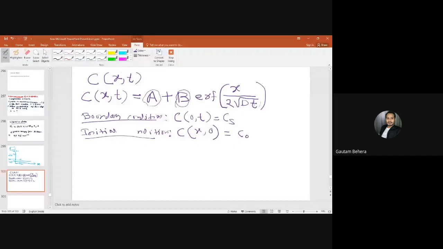Now, as I told, this is our main expression to solve the numerical. So I want to put the boundary condition first into this error function expression. How can I write? You can see here, x is 0, right?